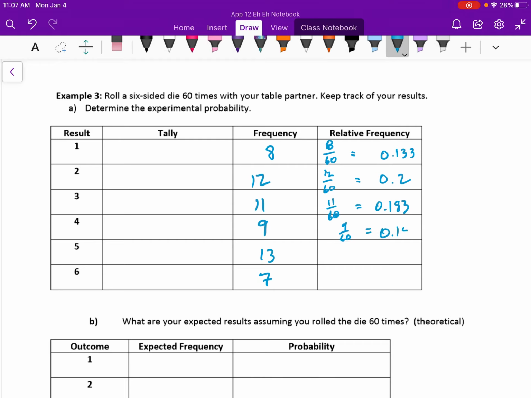And that is 0.15. The 5 is 13 out of 60 times. And that was 0.217. And 6, I rolled 7 out of 60 times. Now, wow, that's very, very little.